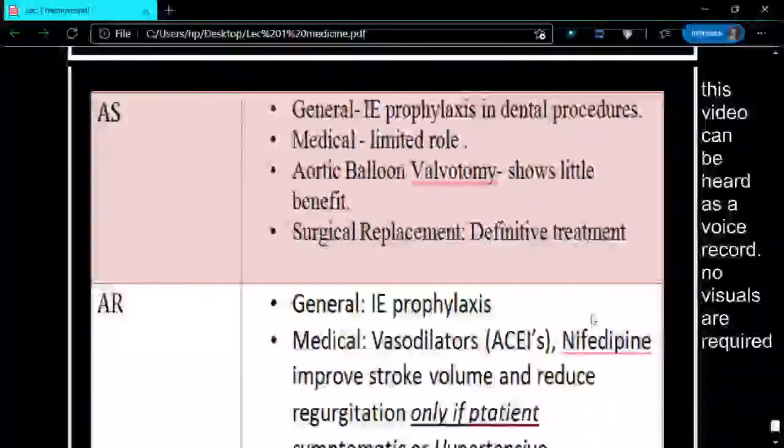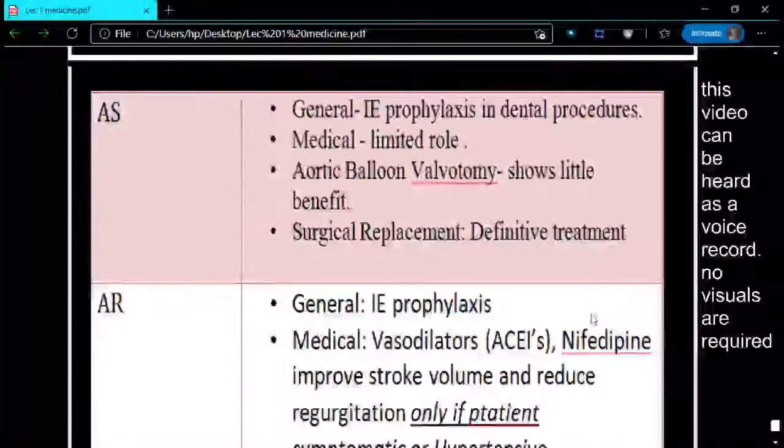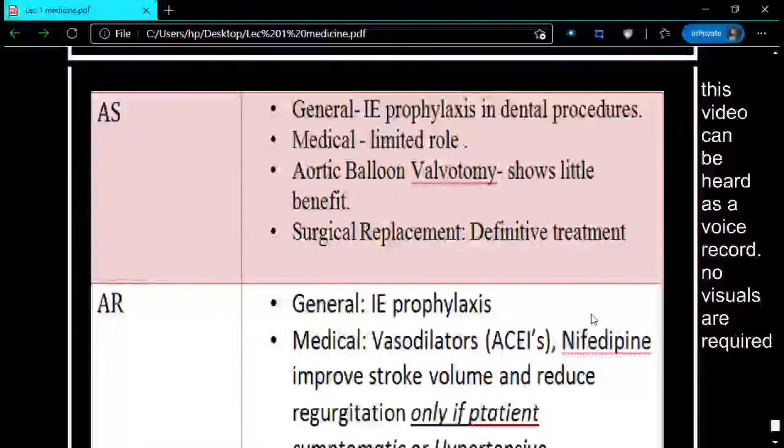Treatment: AS, pulmonary obstruction, general dental procedures, medication, balloon, surgical placement.